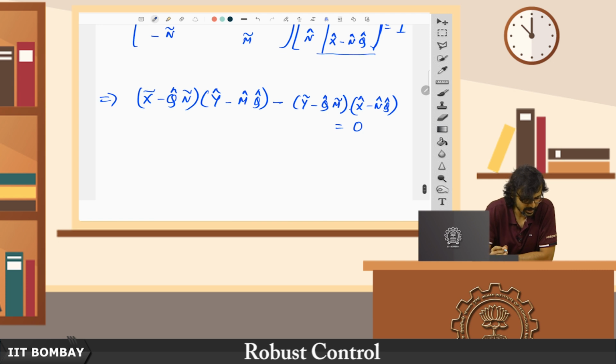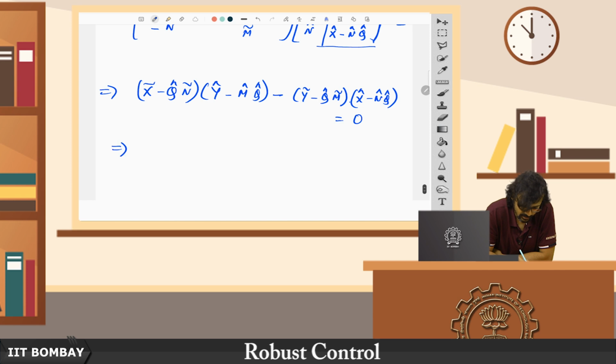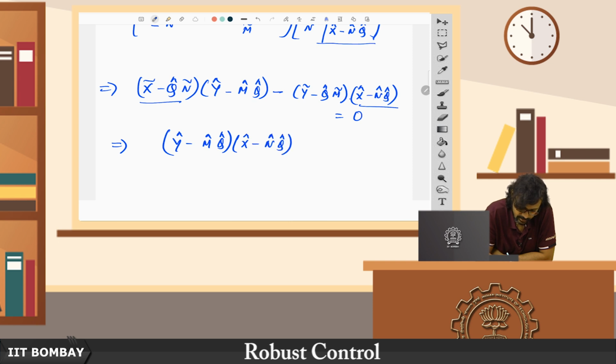If this is to be true, you can hit it with the inverse of this on both sides from the left and the inverse of this on both sides from the right. So, you get (y hat minus m hat q hat) times (x hat minus n hat q hat) inverse.